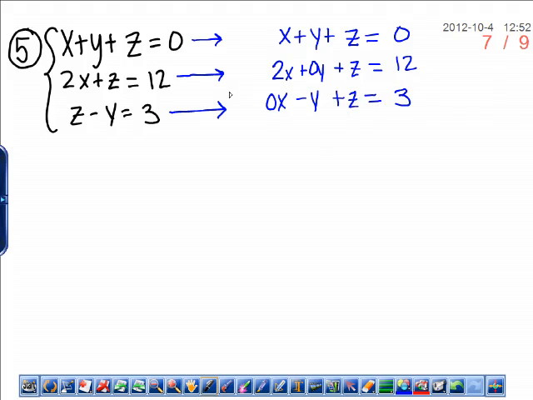What's the only thing that changes when you enter this in your calculator? It becomes a bigger, 3 by 3 matrix. So go ahead and quickly do this. Flag me down if you're having trouble with your calculator.